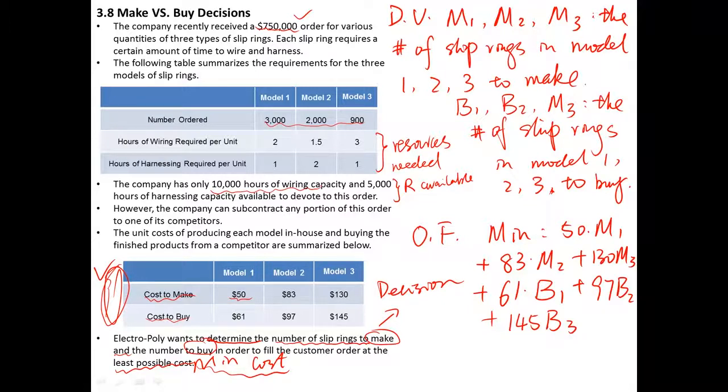And also the second constraint would be the number of hours used for harnessing to make model 1, 2, and 3 should be less than or equal to the 5,000 hours of harnessing available. This is exactly the same format as what we created for the Blue Ridge Hot Tubs problem. So the resource used or resource needed needs to be less than or equal to resource available. So please write these two constraints yourself.